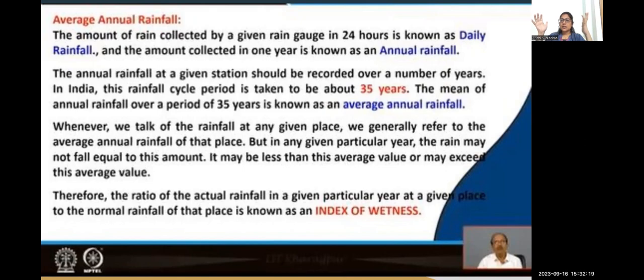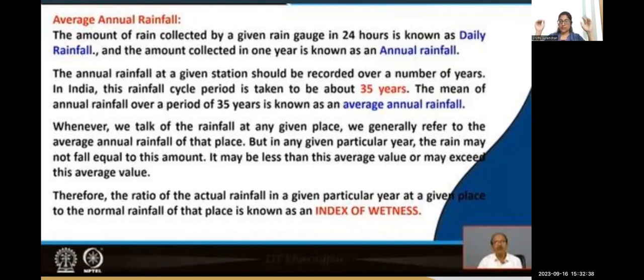The standard period for considering the rainfall cycle is 35 years. So when we collect the annual rainfall for 35 years and find the average of the rainfall in 35 years, that value is called the average annual rainfall.